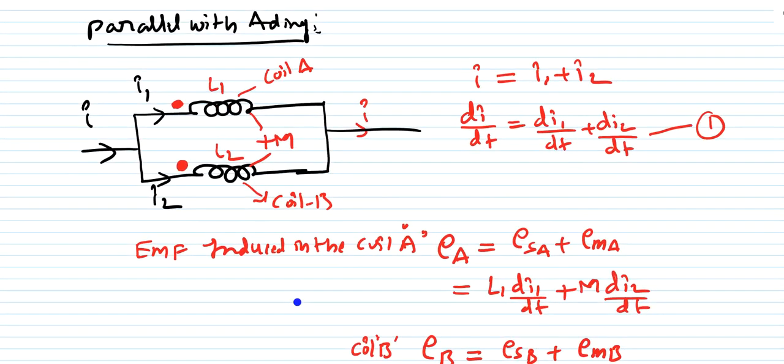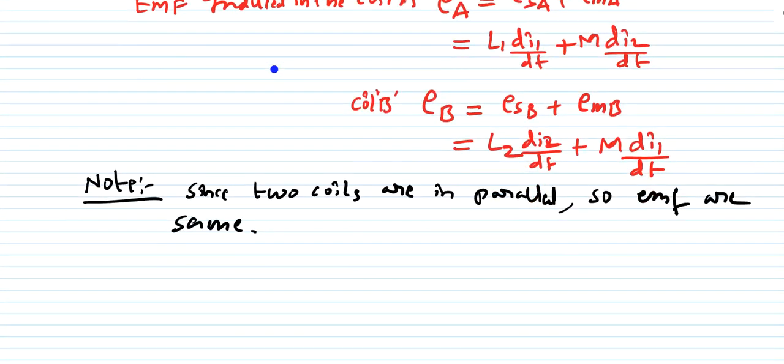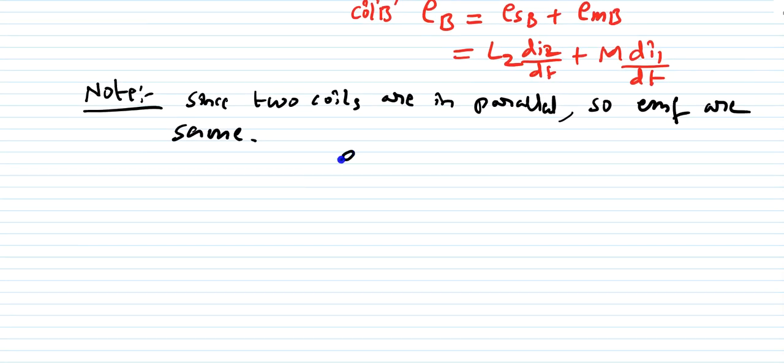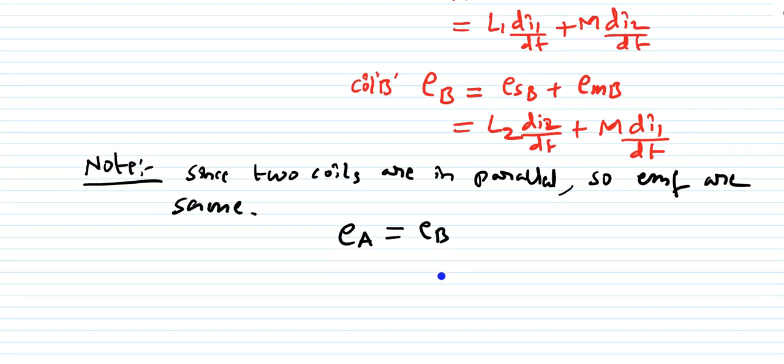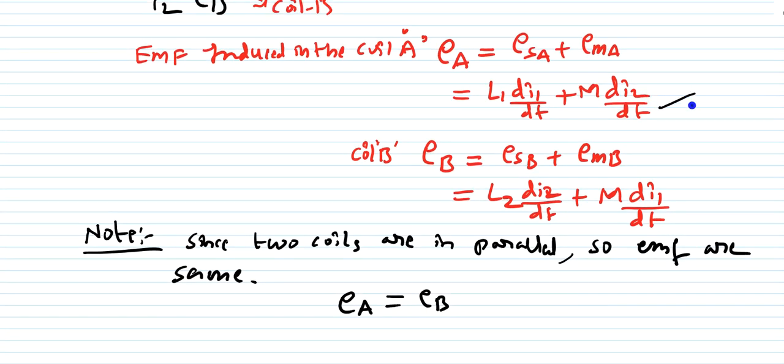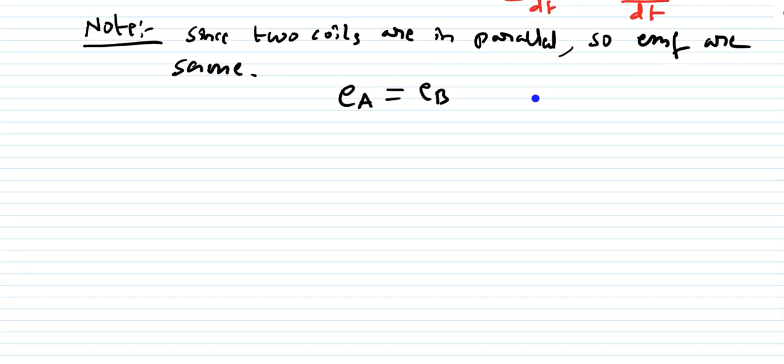Whatever EMF you are showing here, EA is equal to EB, because these two are connected in parallel. That is the point I am writing here. Then EA is equal to EB, so both equations are equal.